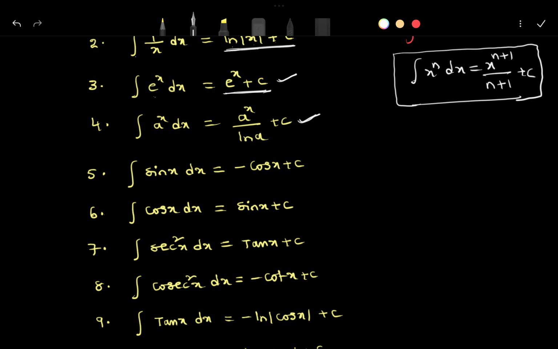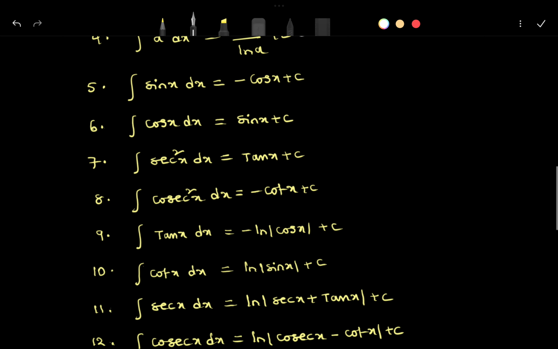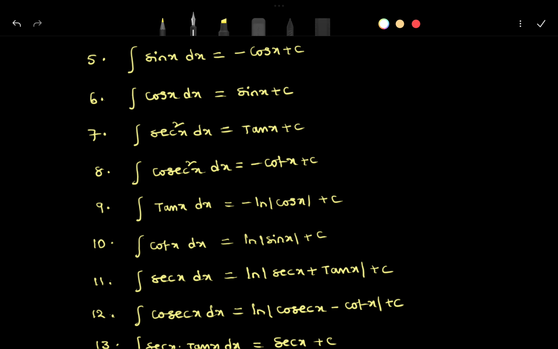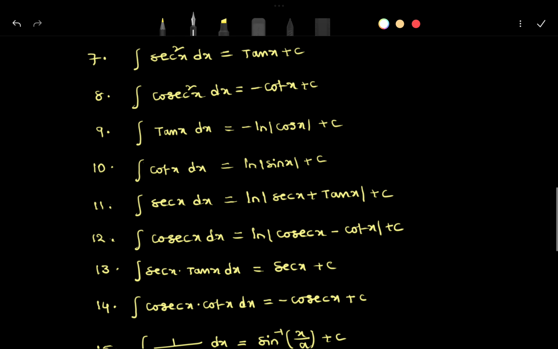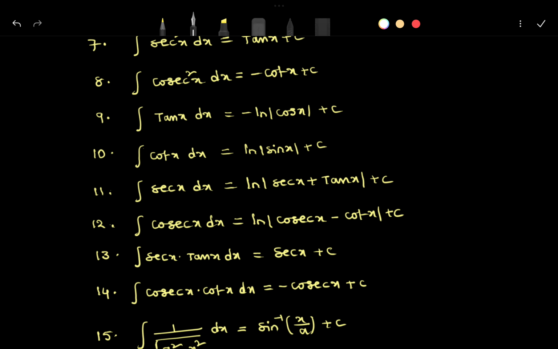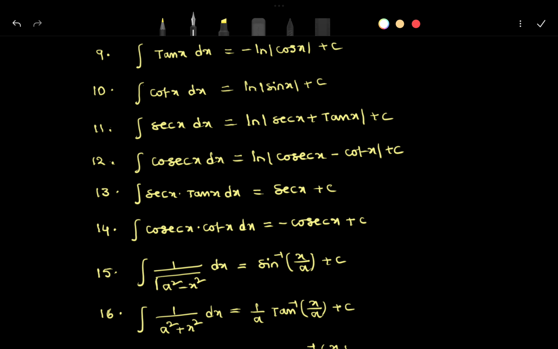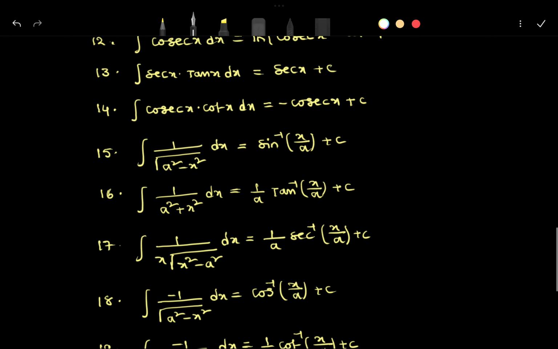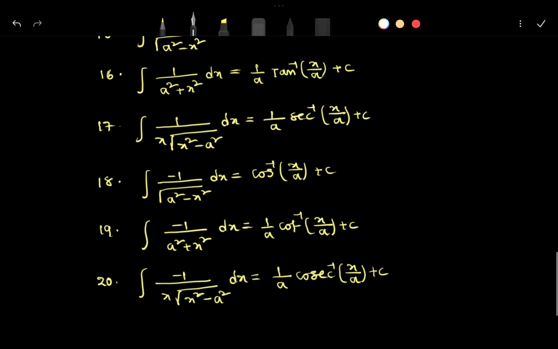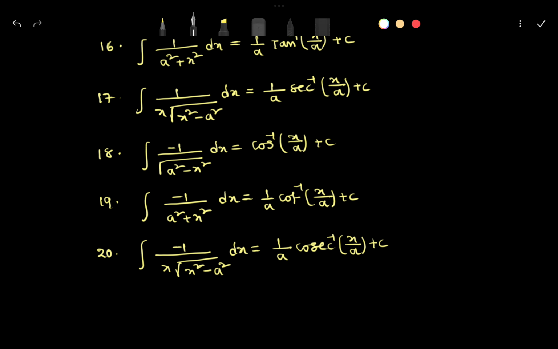Integration of sin x, cos x, secant square x, cosecant square x, and tan x, cot x, all of these can be derived by using the concept of differentiation. Here I have given some standard integrals obtained by using the concept of differentiation. My opinion is, if it is possible, everyone note down all these formulas.